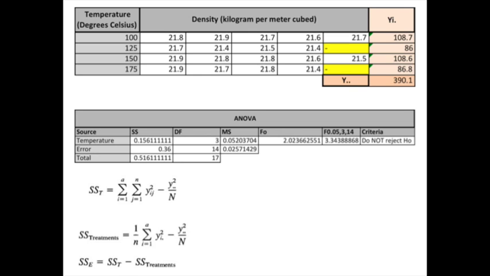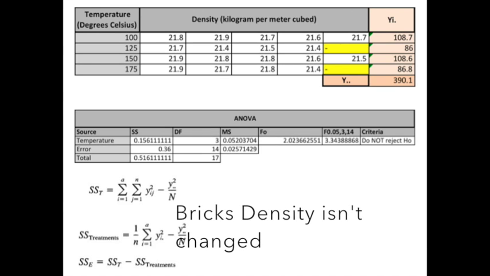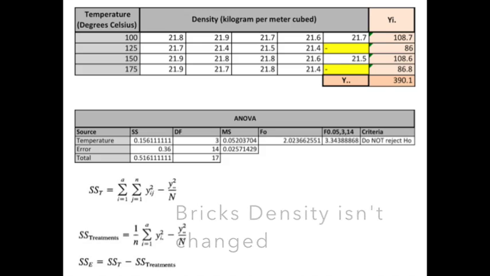This gives us a number of 3.34, and since F0 is not greater than F 0.05, 3, 14, our criteria is to not reject the hypothesis. Therefore, the ANOVA states that the different levels of temperatures do not affect the density of the bricks.